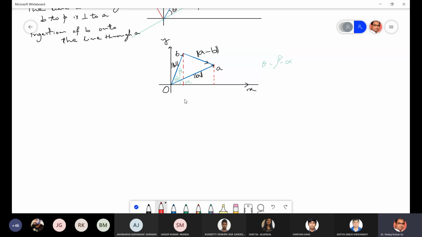Let me name them Q and R. So now we have two triangles. Triangle 1 is O A Q, and the other triangle is O B R.